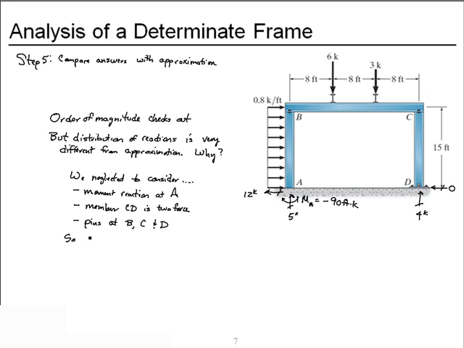So it could be reasonable that our approximate answers were so different because we failed to consider all of those three things.